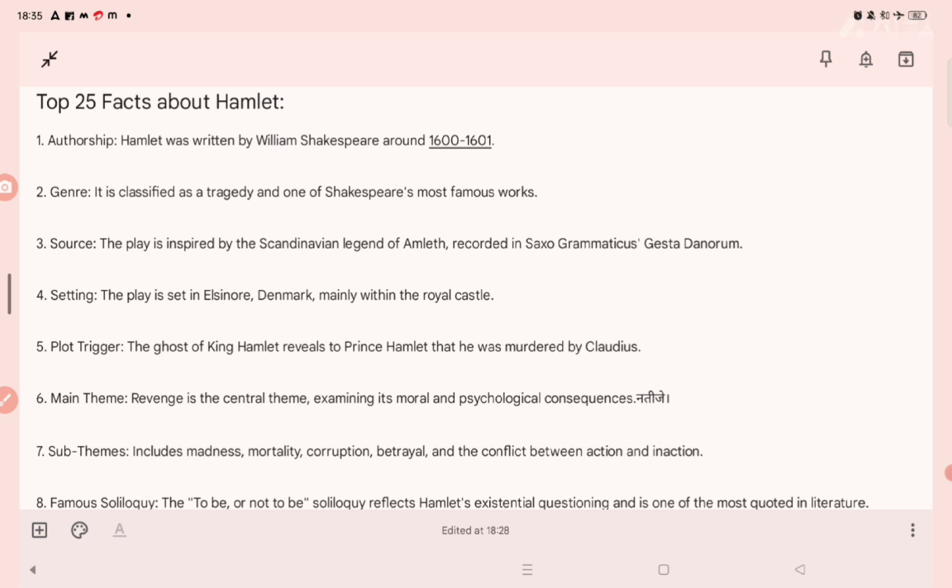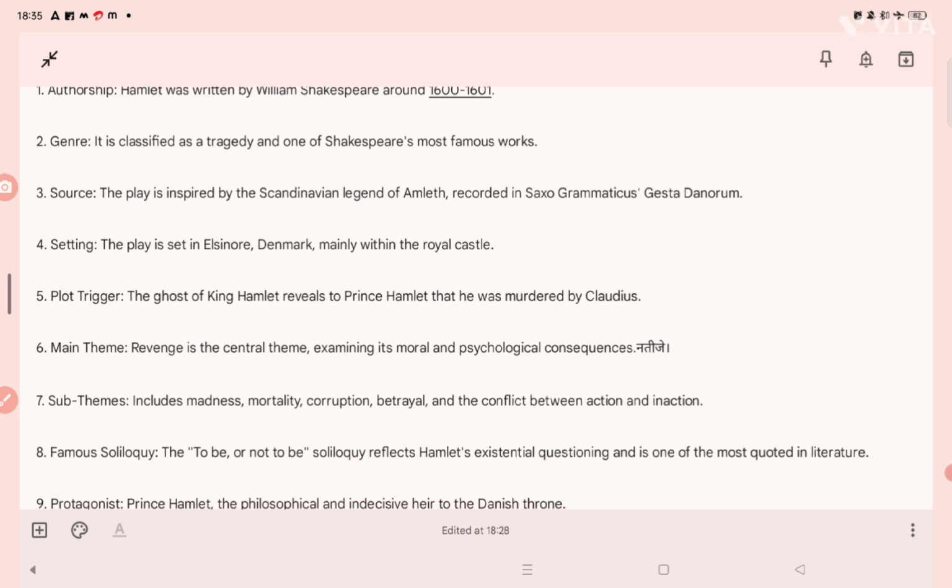Genre: tragedy, one of Shakespeare's most famous works. Source: Saxo Grammaticus' Gesta Danorum. Setting: Elsinore, Denmark.